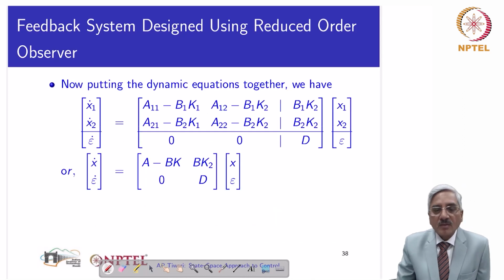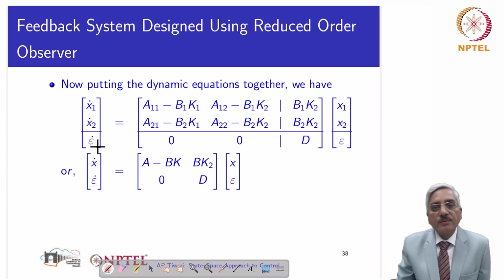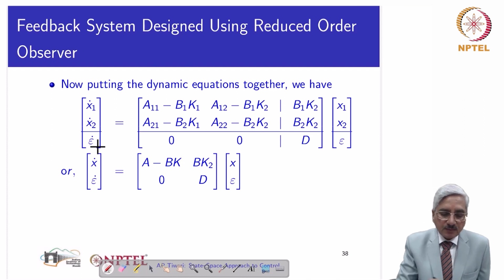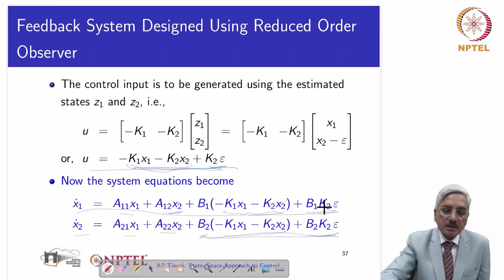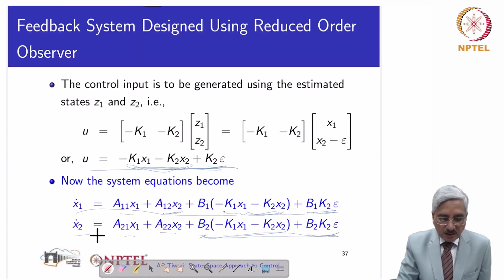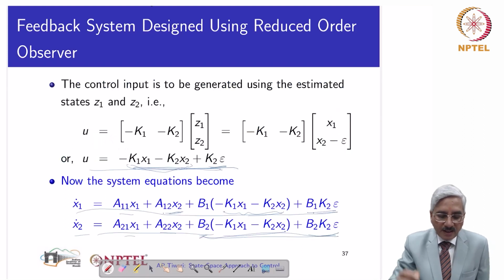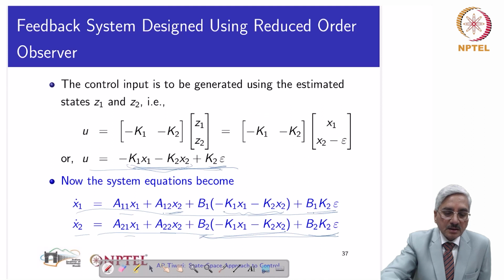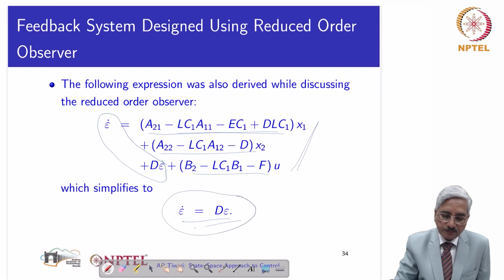And when we arrange them in the matrix form, X1, X2 together and this epsilon, the error, separately, we see that the first equation, this one, gives the first row here, and the second one gives the second row here, and epsilon dot, we had seen on this side, is d epsilon, this one.